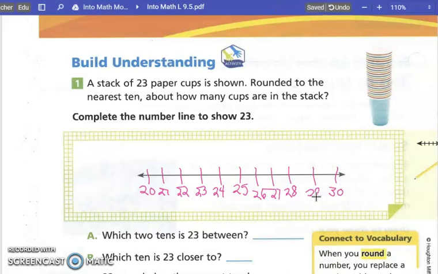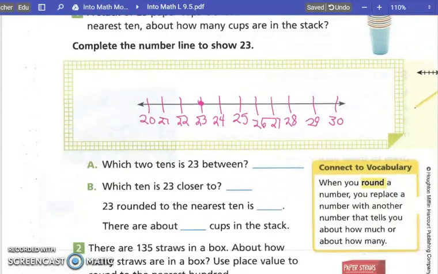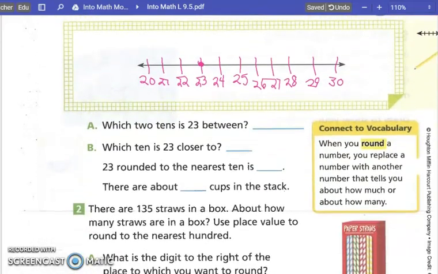Okay, now we're looking at 23, which is right here. Which two tens is 23 between? Which two 10 numbers? 20 and 30.